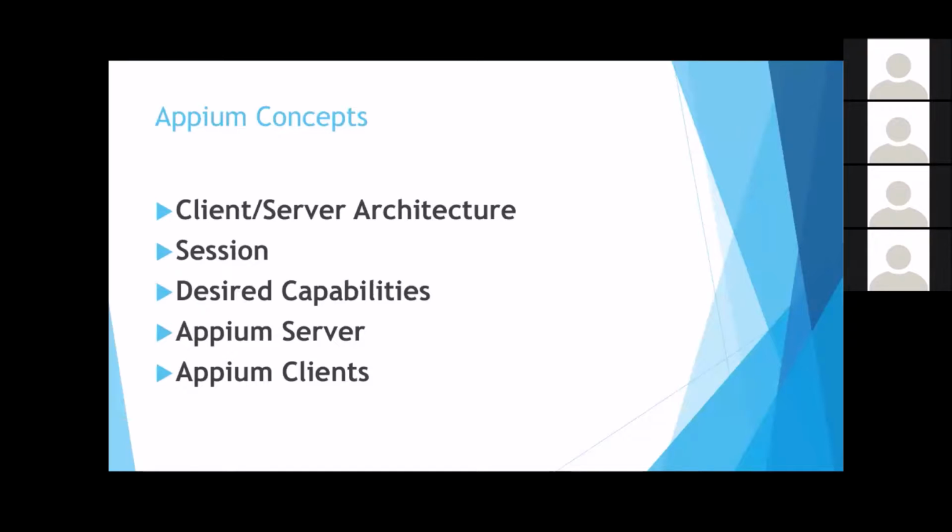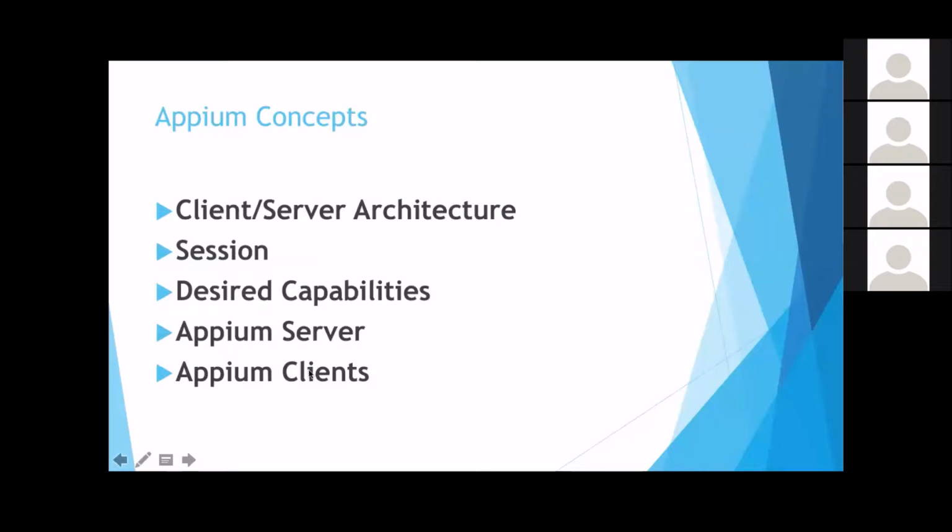So desired capabilities will define that you need an Android device, you need an Android emulator, you need an operating system as 5.0, your device name is this one, you need an orientation as landscape or portrait, whatever you want. These things come under desired capabilities, and if you have any confusion about this, we'll see in our demo what these mean.